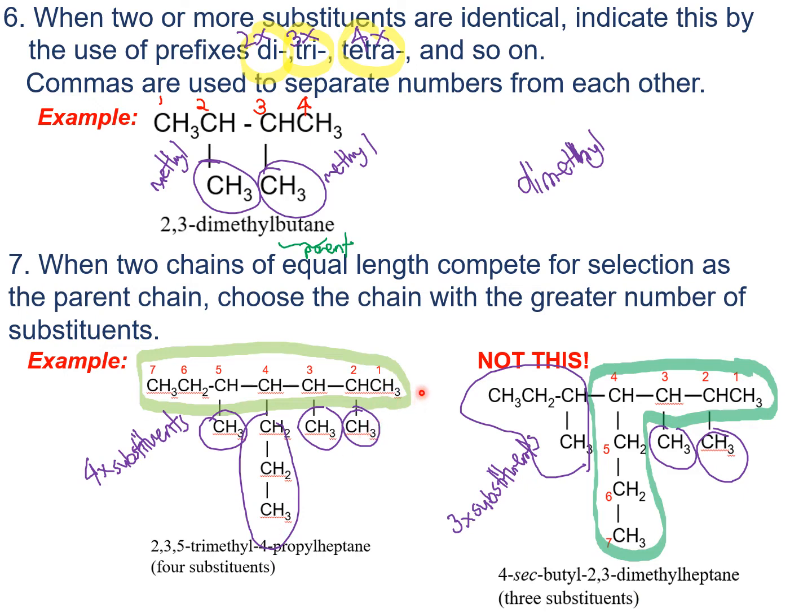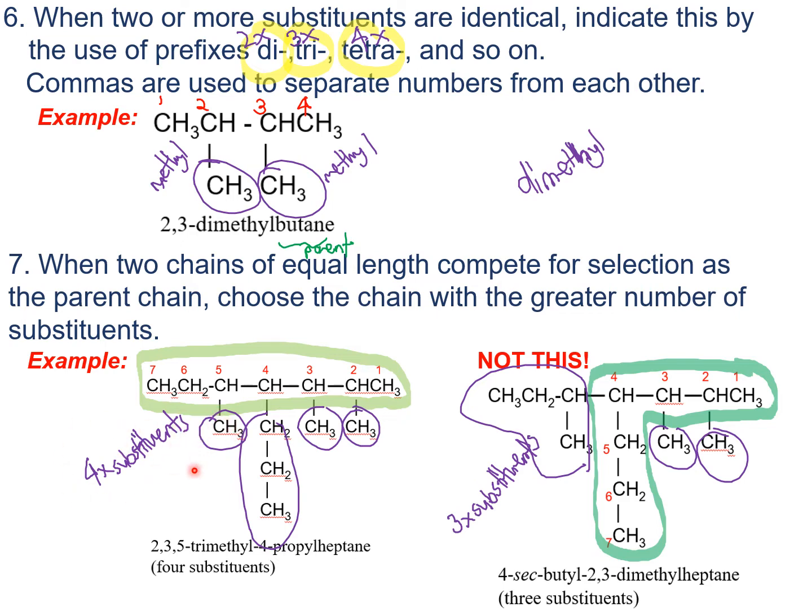That's why we count from right to left, 1, 2, 3, 4, 5, 6, 7. So therefore, although both organic compounds are the same and will get the longest continuous parent chain of heptane, you need to choose the one that produces more substituents.